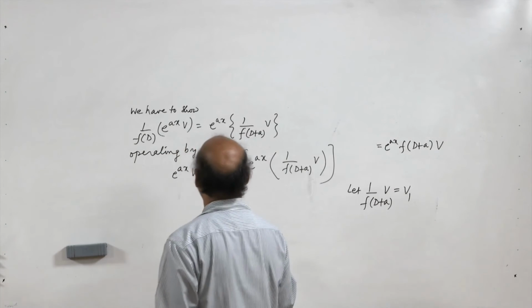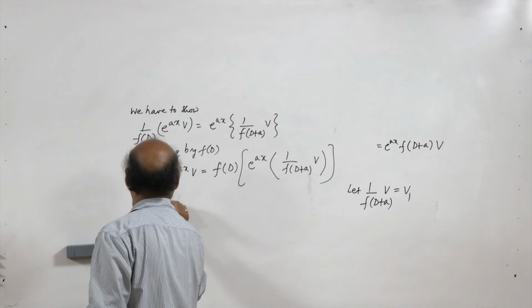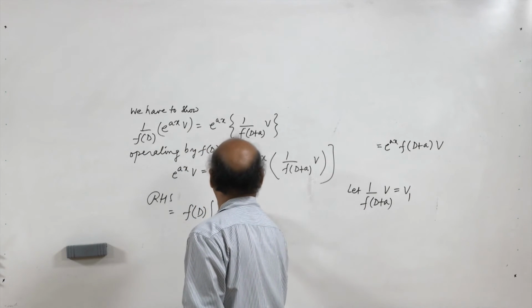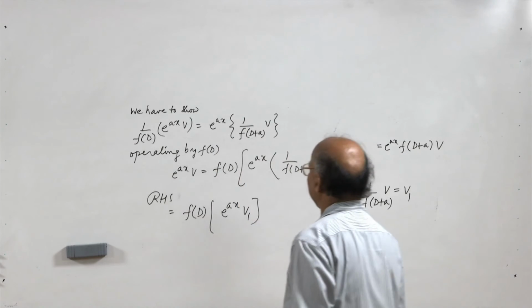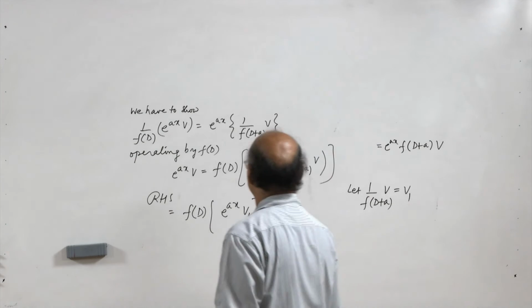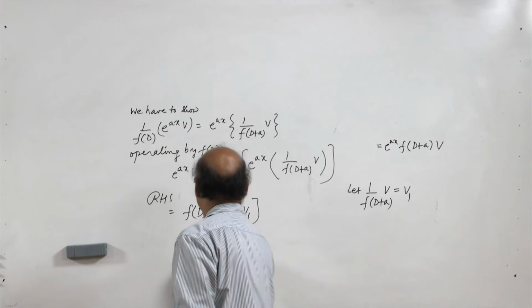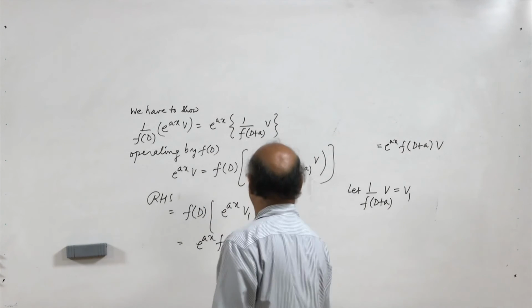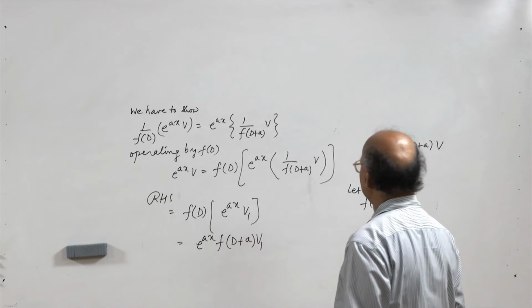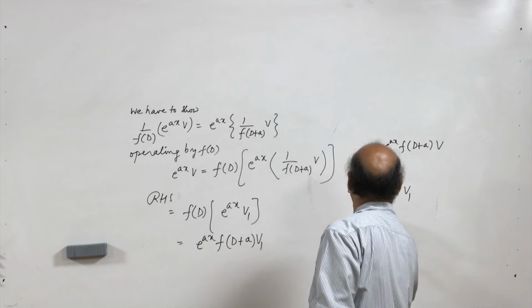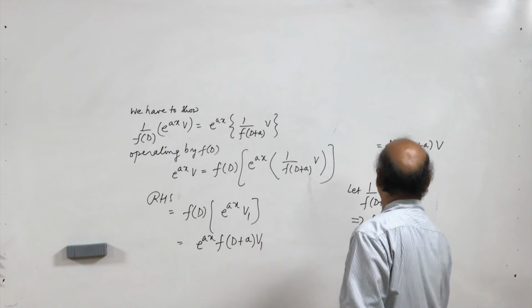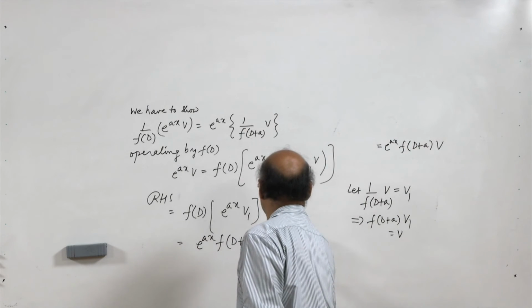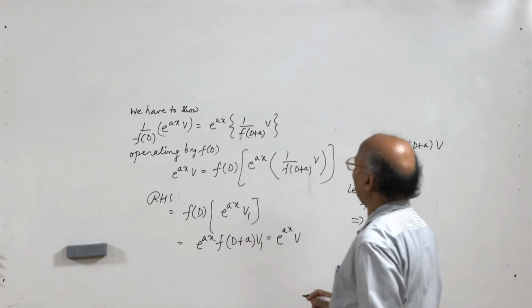So the right hand side will be f(D) operating on e to the power ax into b1, and when f(D) operates on e to the power ax into b1, we have proved earlier that this is e to the power ax f(D plus a) b1. Now, this implies that f(D plus a) b1 equals b. So this will be equal to e to the power ax into b, and this is what we had to prove.